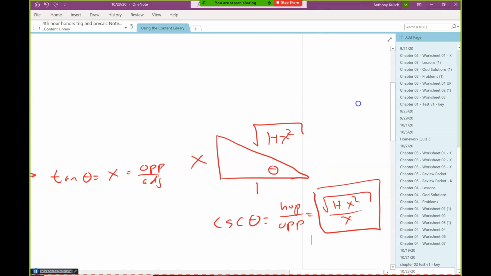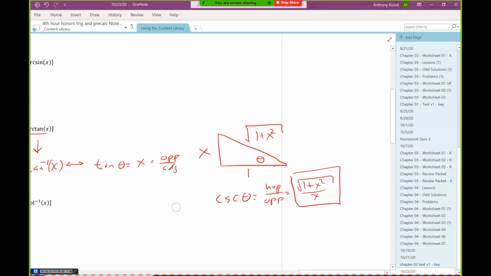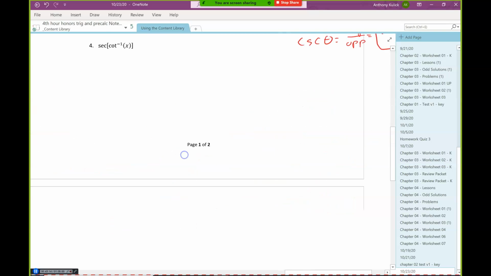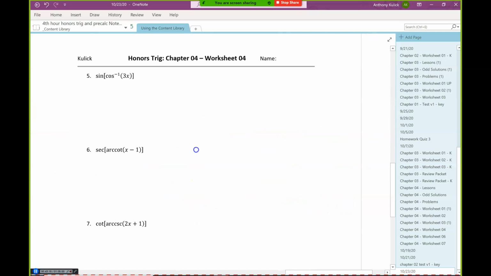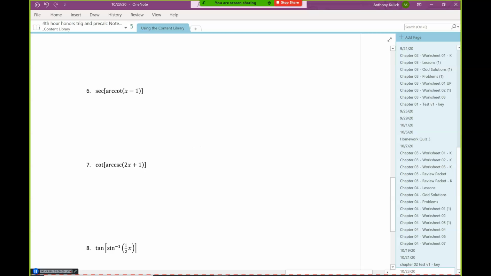Okay. So again, that arc cosecant is the same as cosecant inverse. And that's the same thing as saying cosecant theta is equal to 2x plus 1. And I remember that cosecant theta is hypotenuse over opposite.